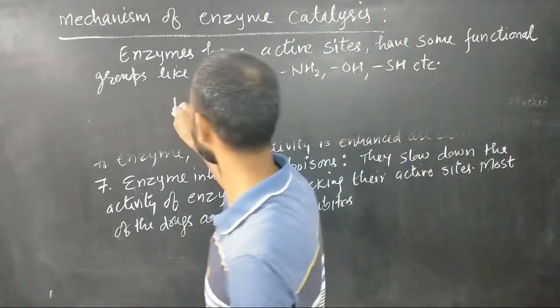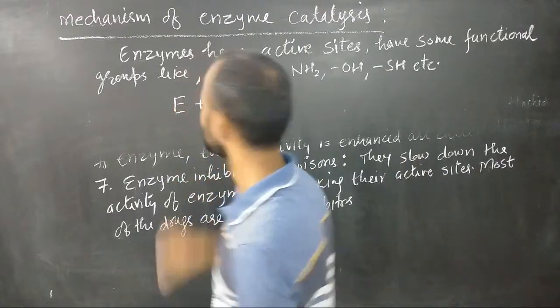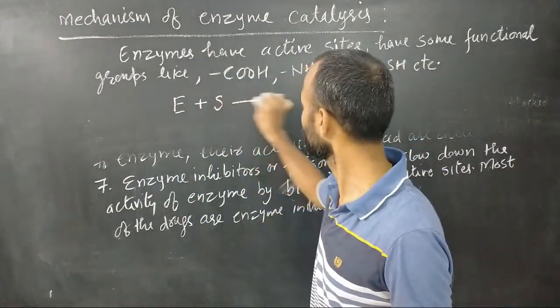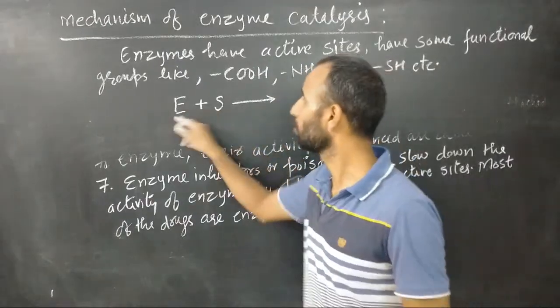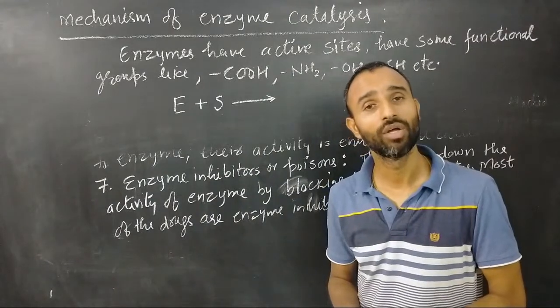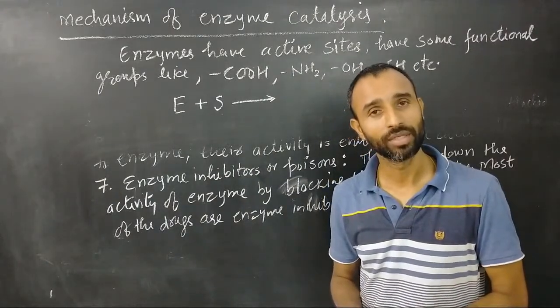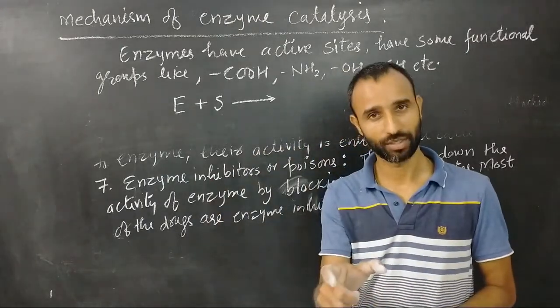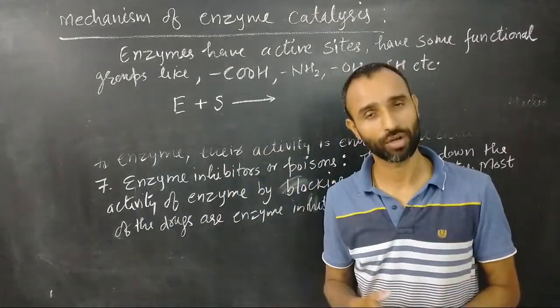First we have enzyme. Enzyme has active site and substrate is the one which is complementary to lock and key model. We are talking about lock and key model. That for particular lock there is a specific key that can open the lock.